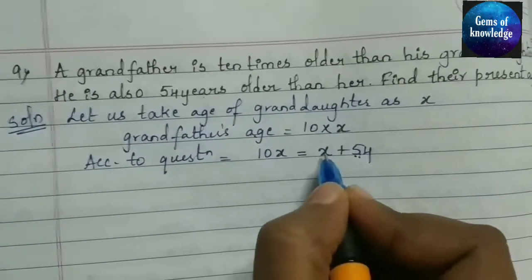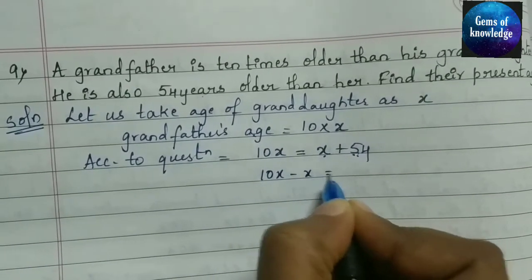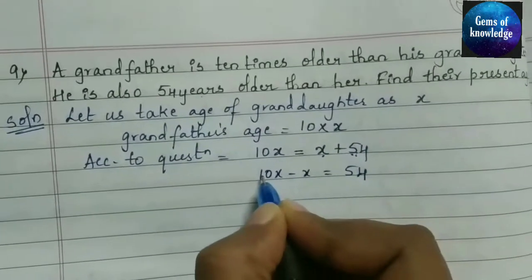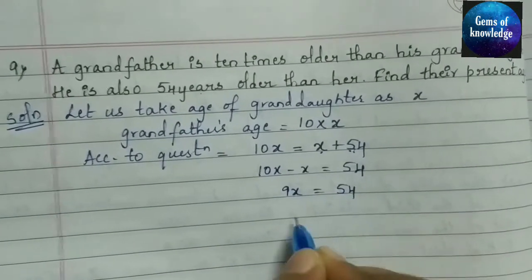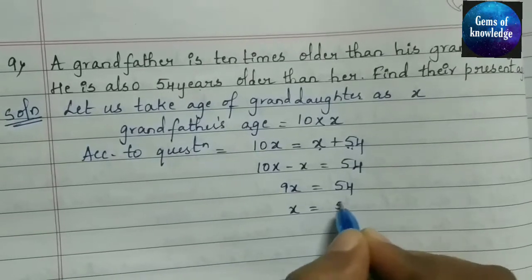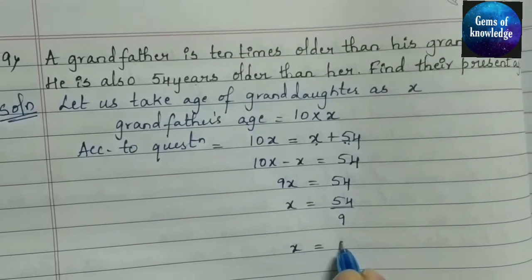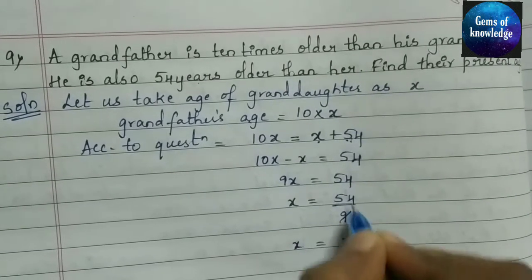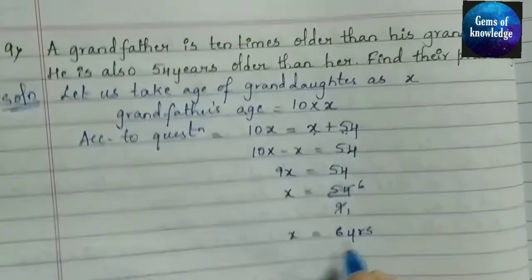Now when you bring this x to this side, it will become 10x minus x, which is equal to 54. So 10x minus x is nothing but 9x, which is equal to 54. So the value of x will be 54 by 9. 9 sixes are 54, so x value will be 6 years.